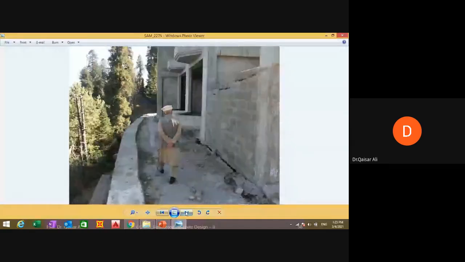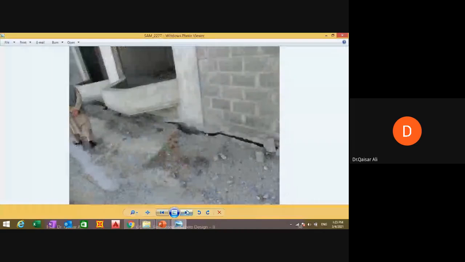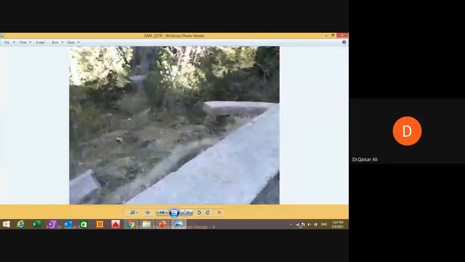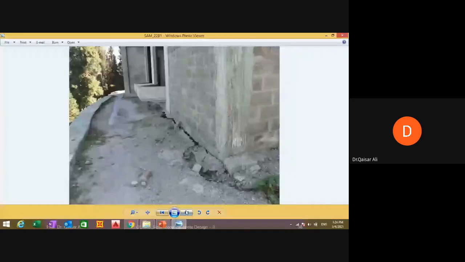You can see the sliding of the retaining wall, slight tipping of the retaining wall on this side, which has cracked the building as well. This separation of the retaining wall has caused cracks in the adjacent buildings.